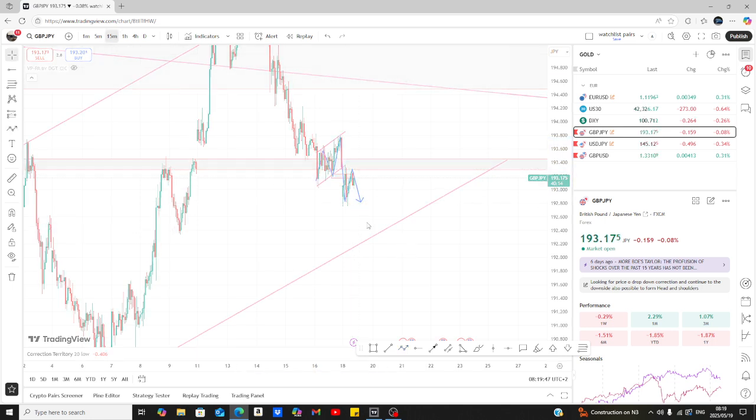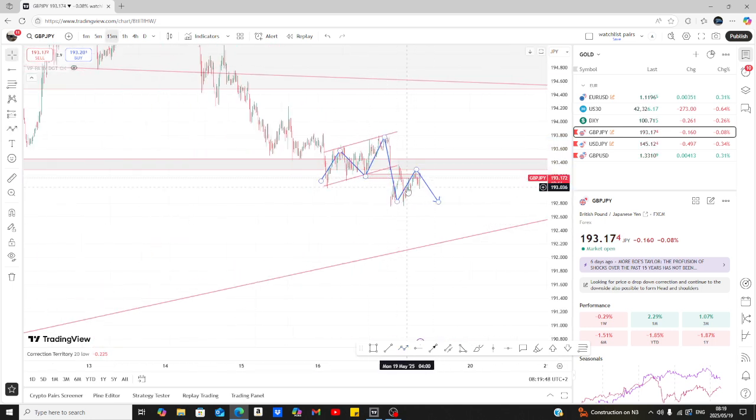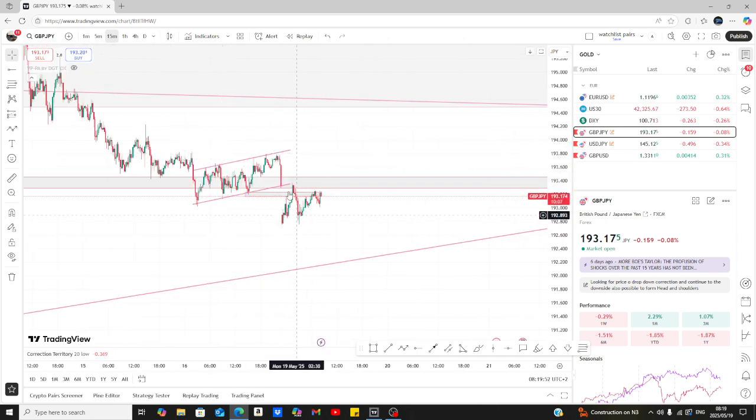One identifier to wait for to see if this short position is valid is to see what happens at this area. You can see that this is more like a lower time frame correction that is forming.